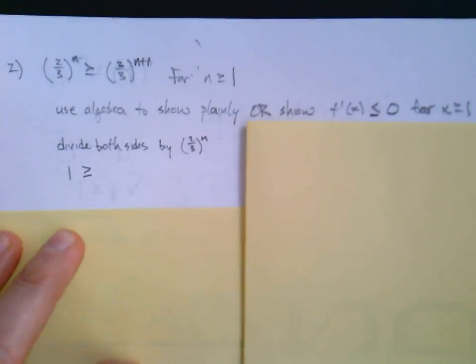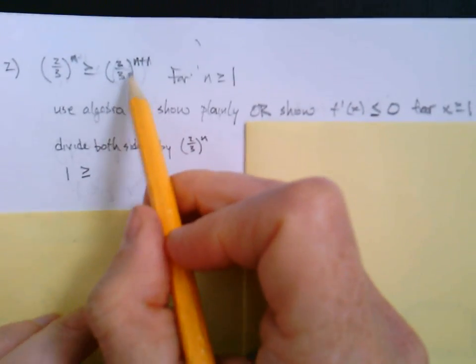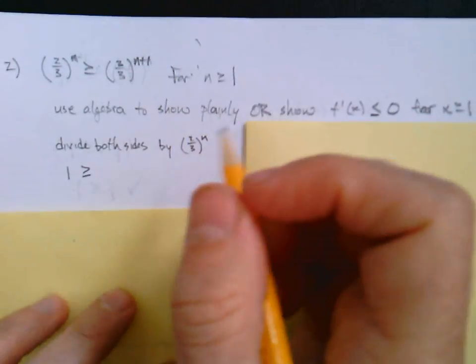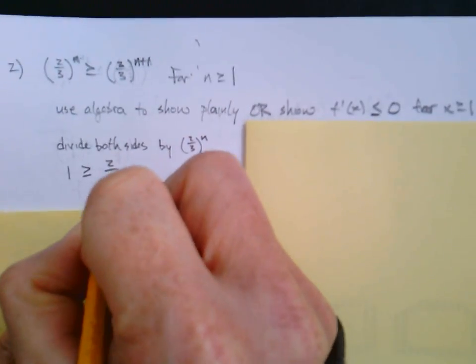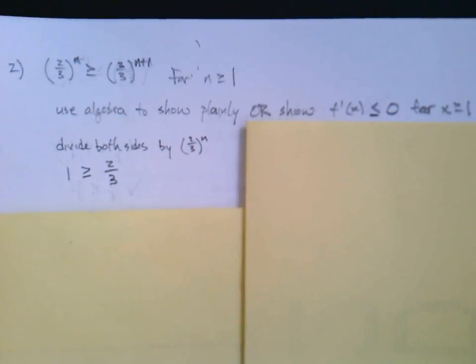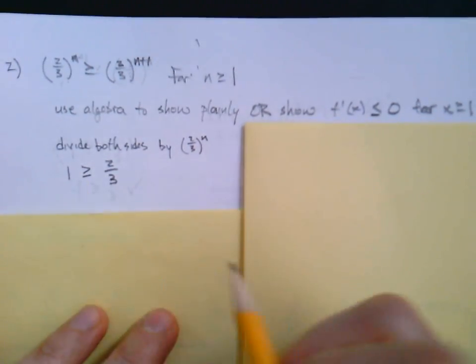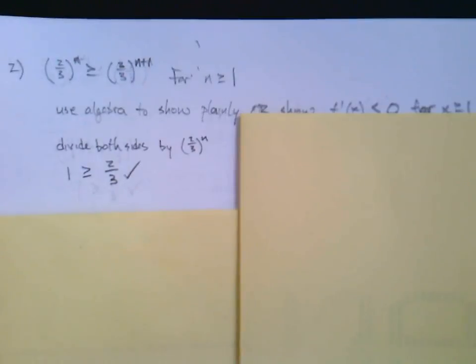That leaves me 1. And on this side, if I divide by (2/3)^n, I still have a 2/3 left after I'm done. And yep, 1 is greater than or equal to 2/3. So I've shown it algebraically.